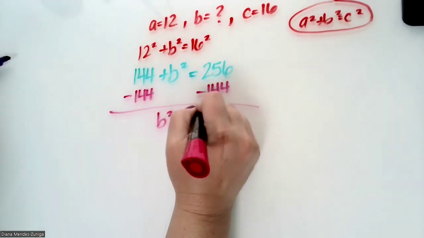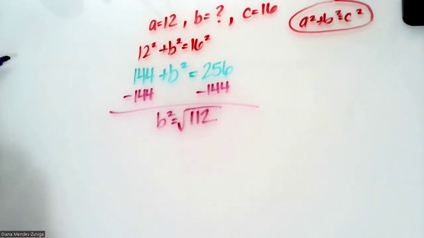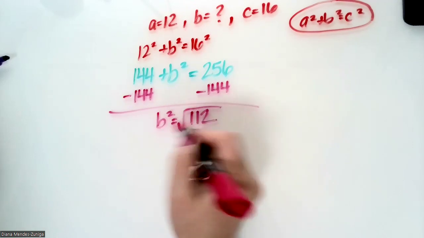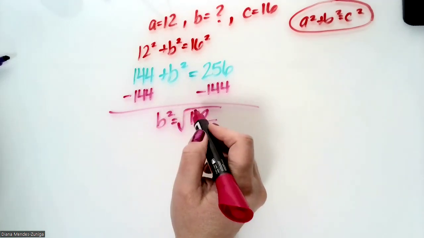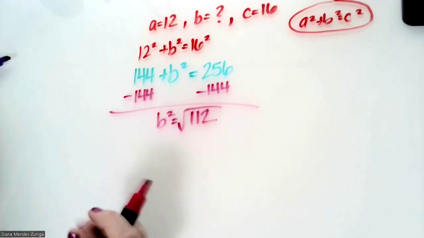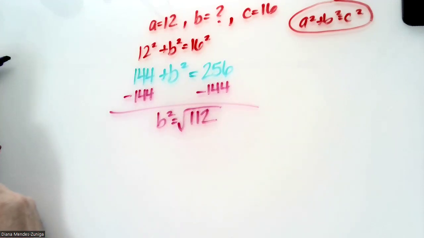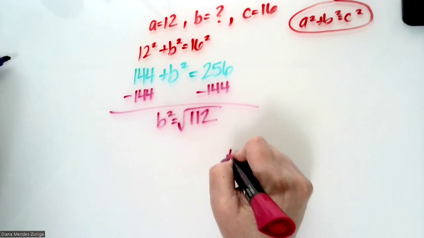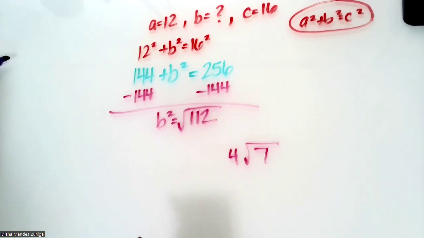Now, remember, you might as well put this here because we're trying to get this exponent onto here. We're trying to figure out what the square root of this is. Now, if you put this in your calculator as the square root of 112, it's going to give you a weird number. Like it might even say something like 4, 7, right?